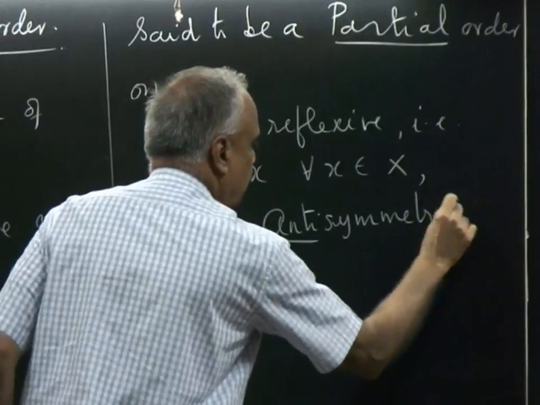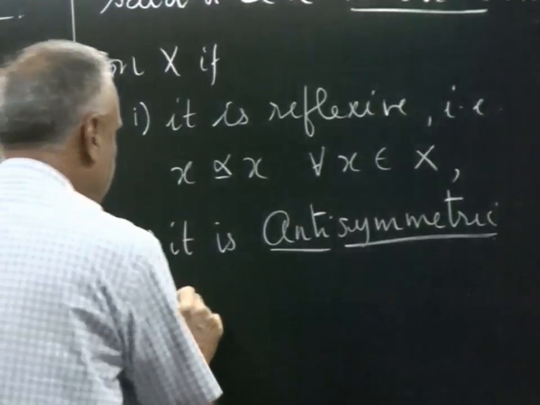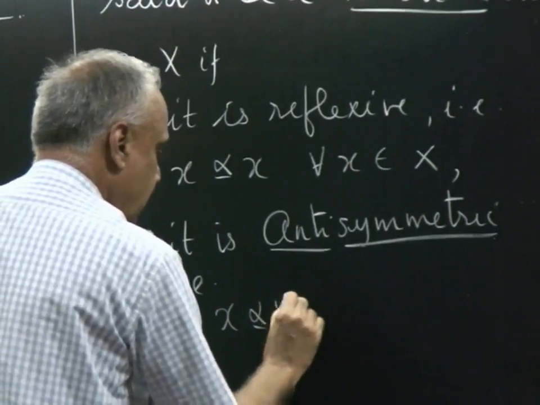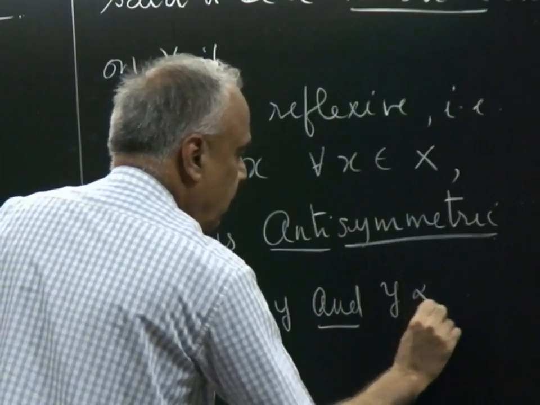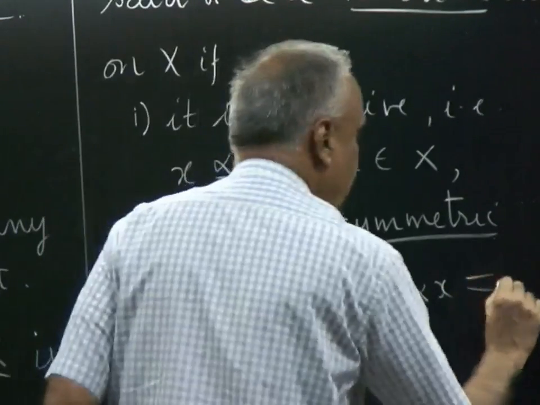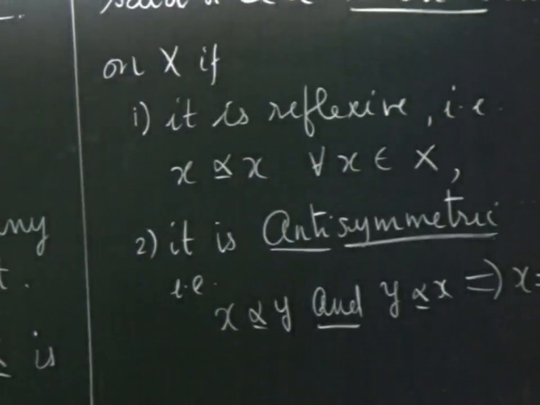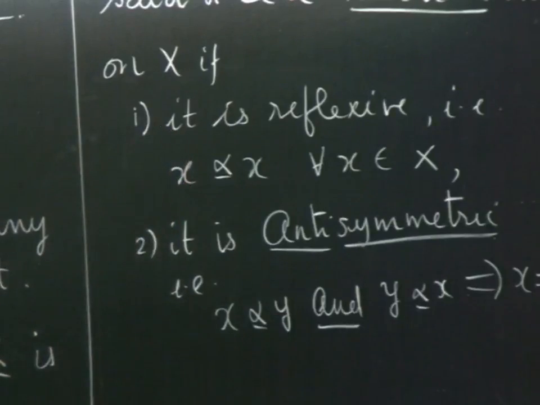We will see some explanations for these words a little later. That is, x is related to y and y related to x can happen only when x equals y. Of course, all these x's and y's are assumed to be from the set X.